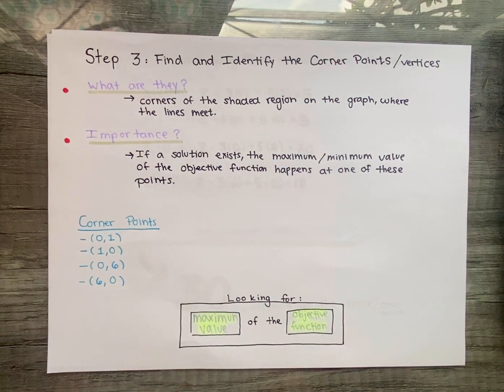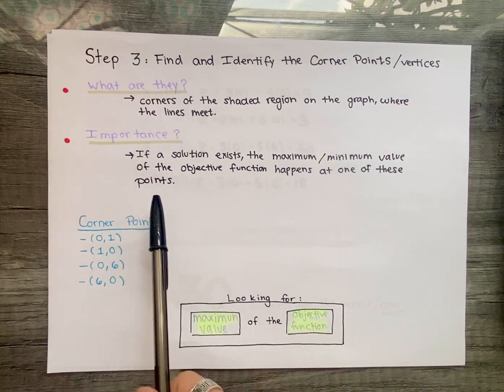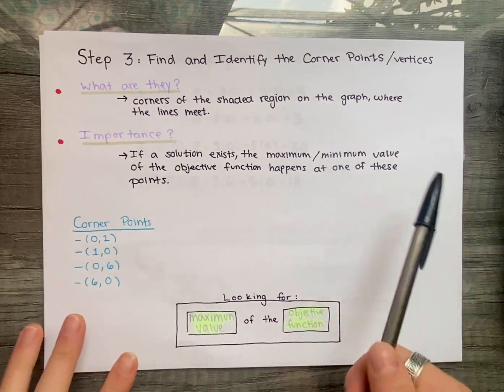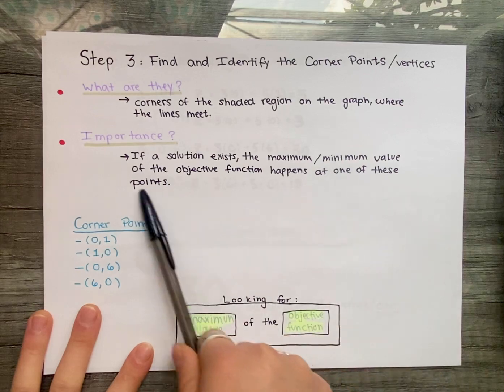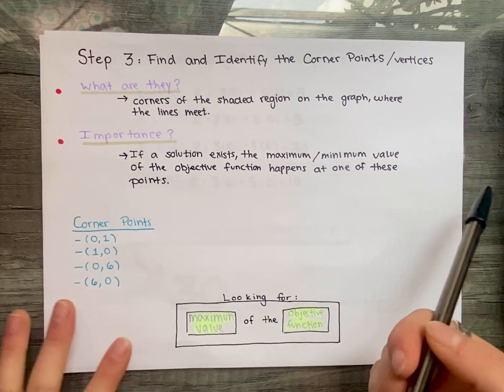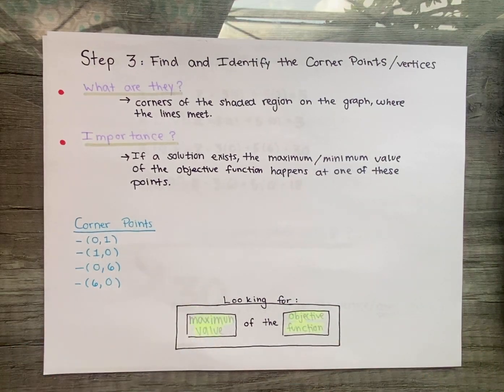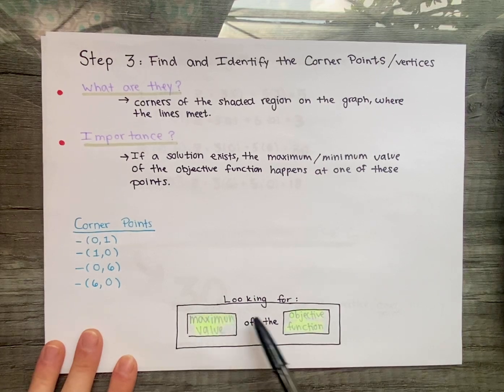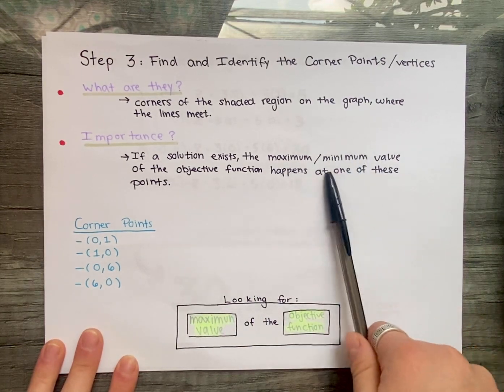And why are they important? Here I put, if a solution does indeed exist, the maximum or the minimum value of the objective function happens at one or more of these points. In this case, we are looking for the maximum value of the objective function, not the minimum.